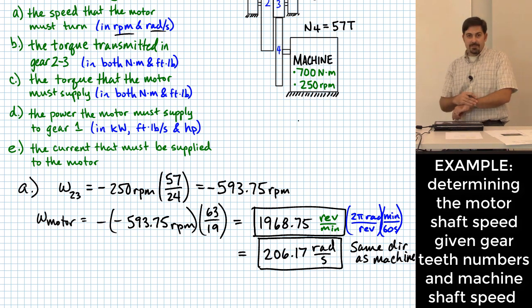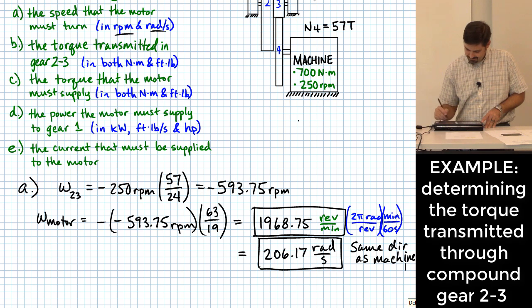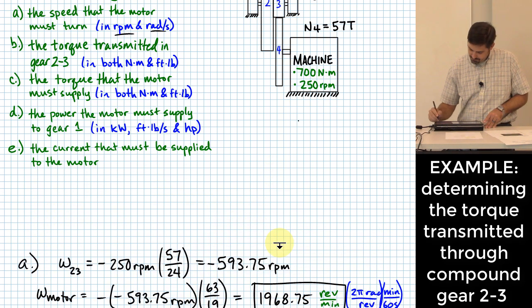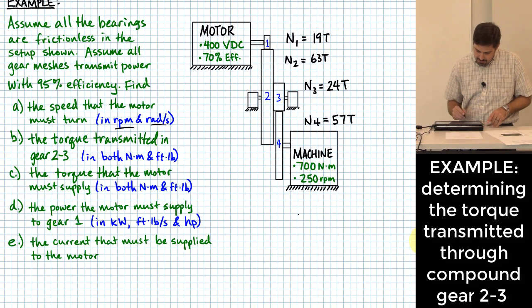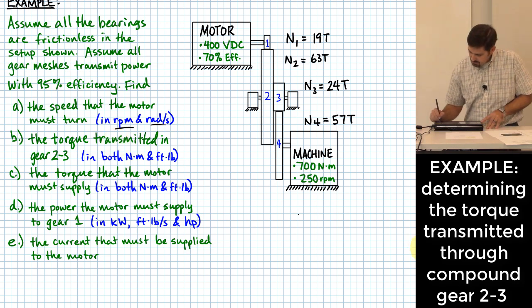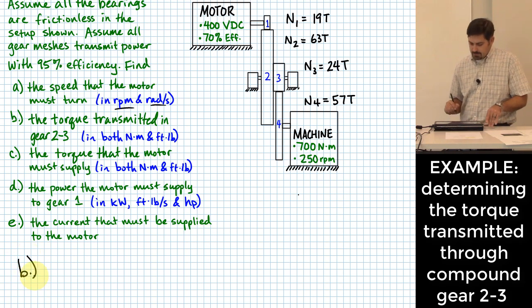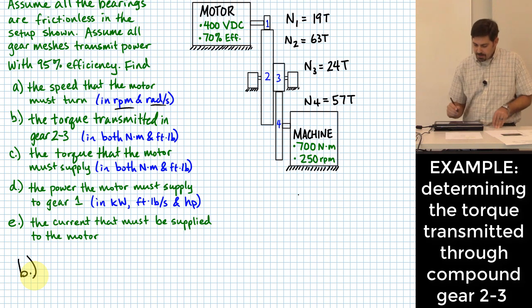Done with part A. What should we do now? Part B. Part B says we're supposed to find the torque transmitted in gear 2-3. How do we get to that? We're still going to use some ratios here.